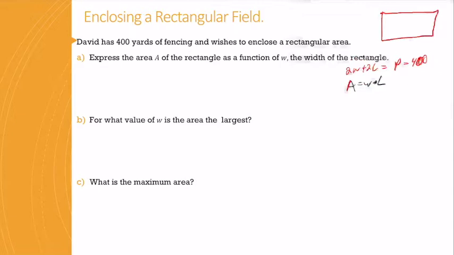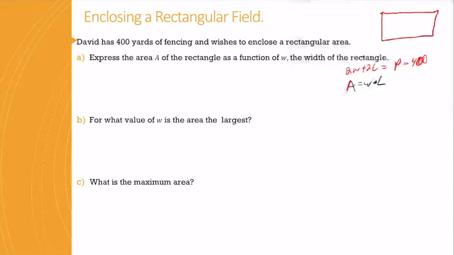So if I only have 400 feet of fencing, I know that 2W plus 2L equals 400. And I want to express my area as a function of W. So I'm going to solve this for L so we can substitute into our equation for area. If I subtract 2W from both sides, I get 2L equals 400 minus 2W. We divide both sides by 2.